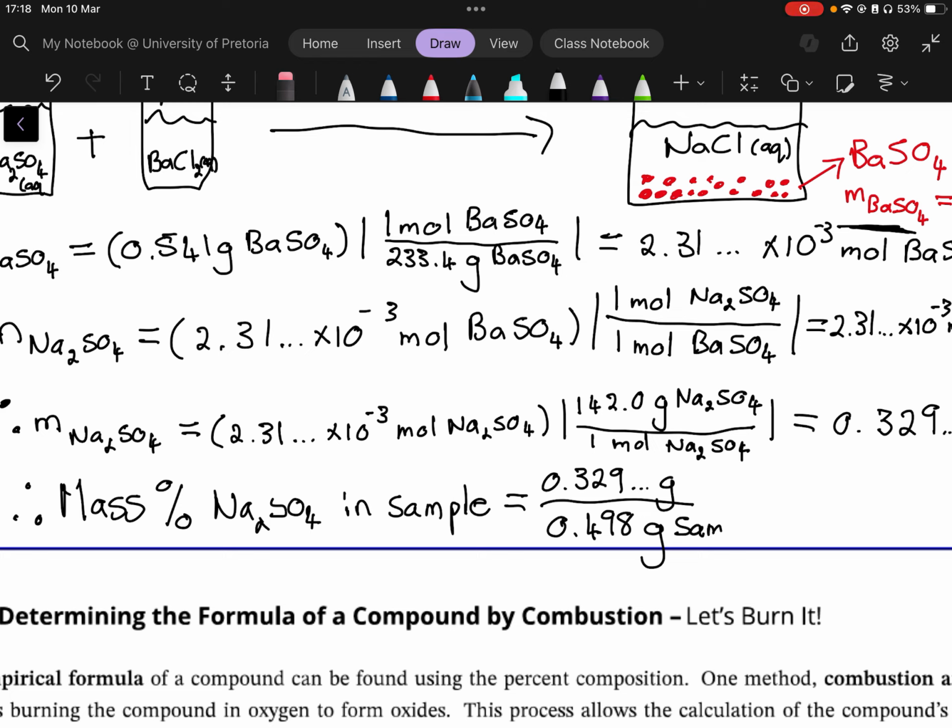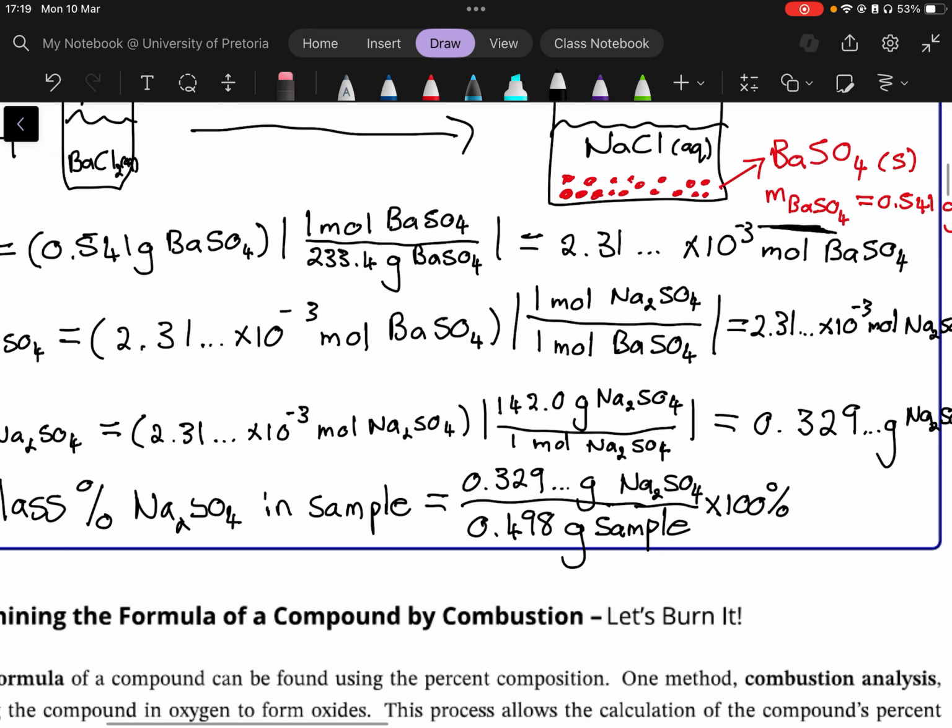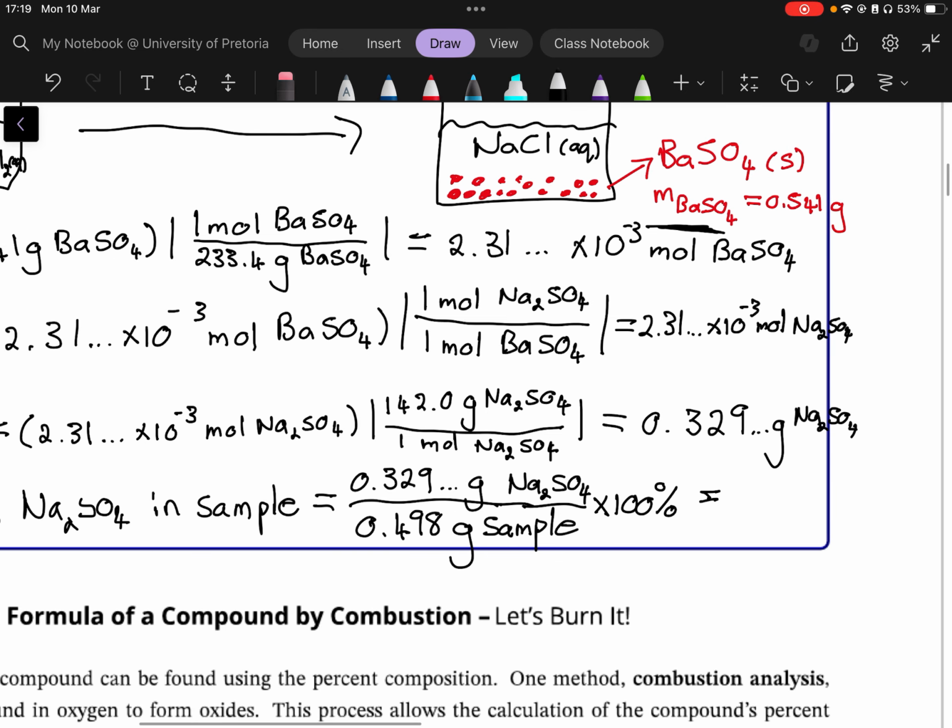This is the sample mass, and this is the sodium sulfate mass, multiplied by 100%. That then gives you 66.1% sodium sulfate.